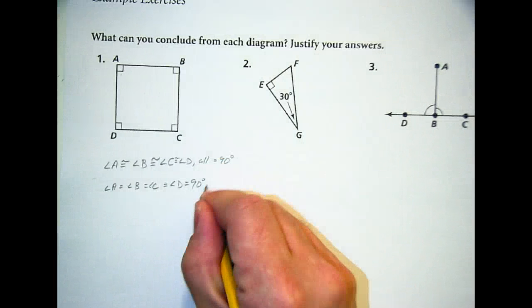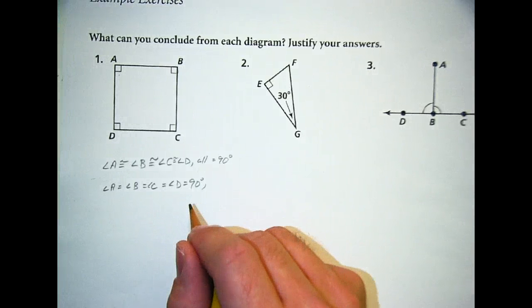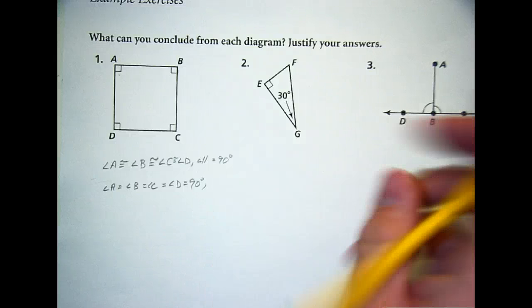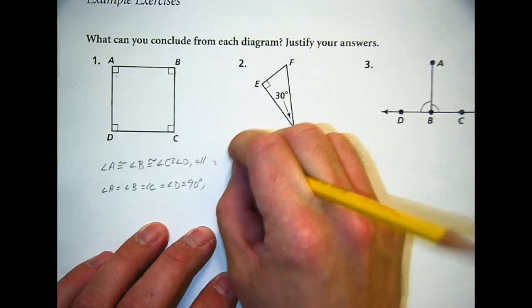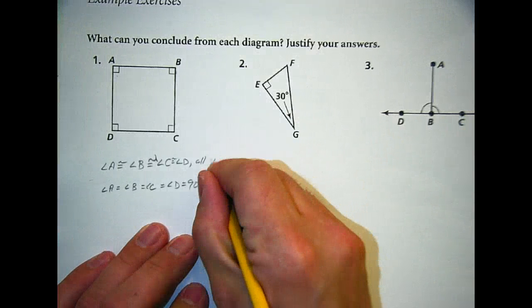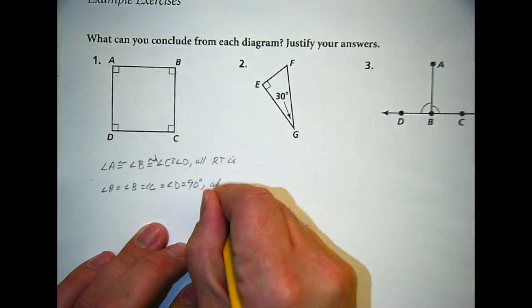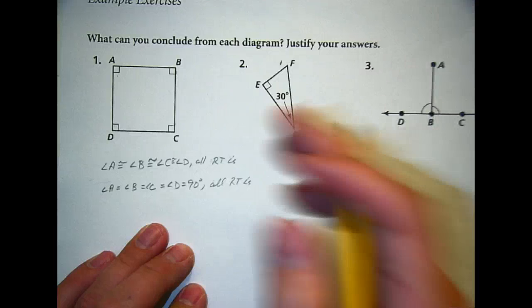How can we conclude this one, Bethany? Yeah, in fact, up here we should say they're all right angles. Okay, and here they're all right angles. And all right angles equal 90. That was one of our theorems.